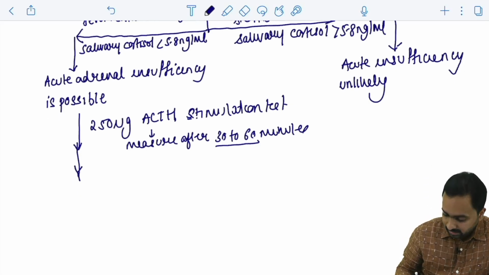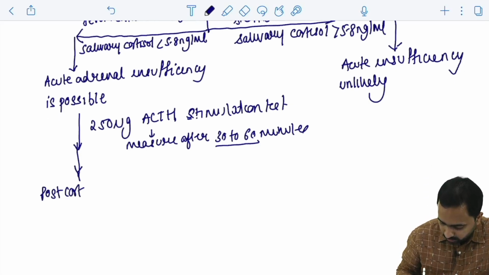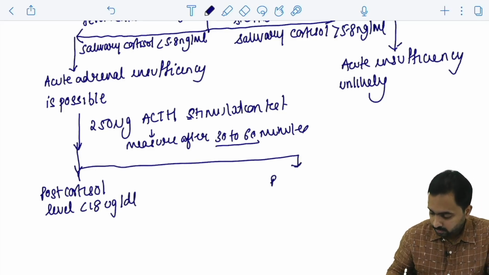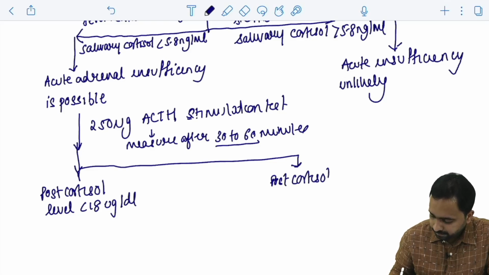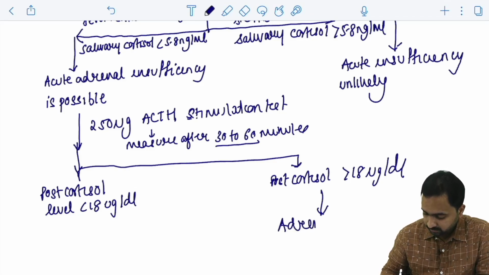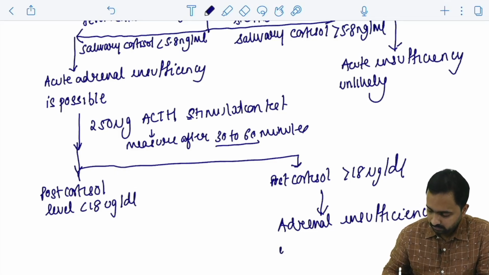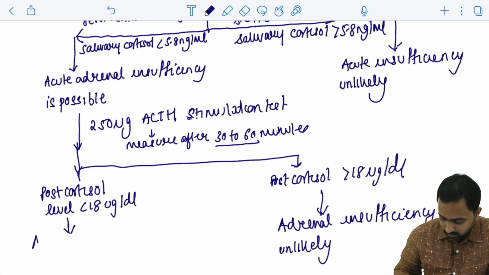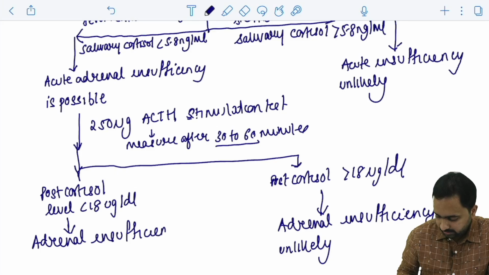Now, if post cortisol level is less than 18 microgram per deciliter, there is adrenal insufficiency. If it is more than 18 microgram per deciliter, adrenal insufficiency is unlikely.